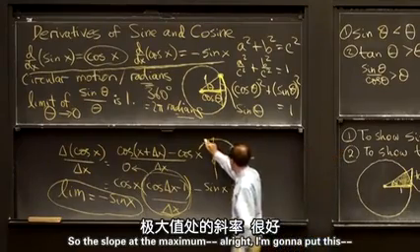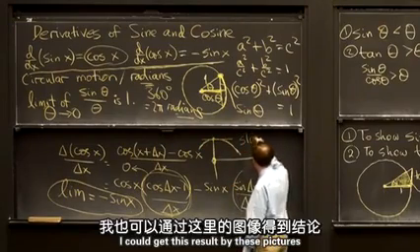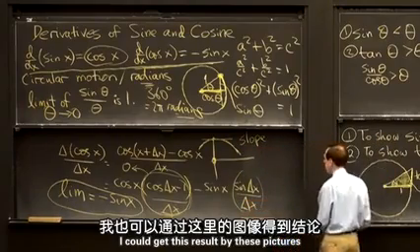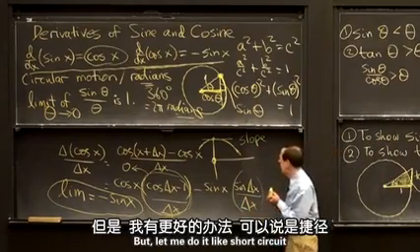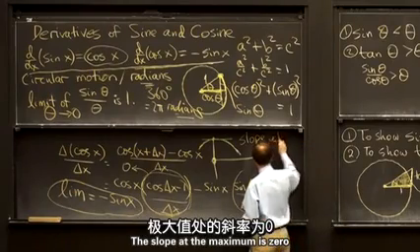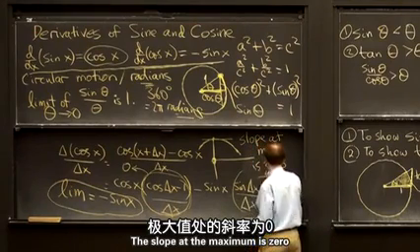So the slope at a maximum, all right, I could get this result by these pictures, but let me do it like a short circuit. The slope at the maximum is 0. Okay.